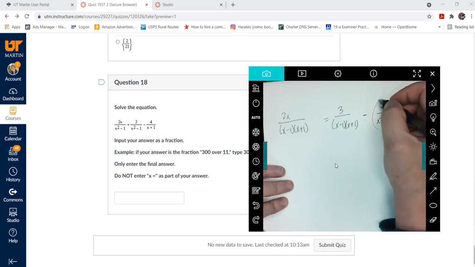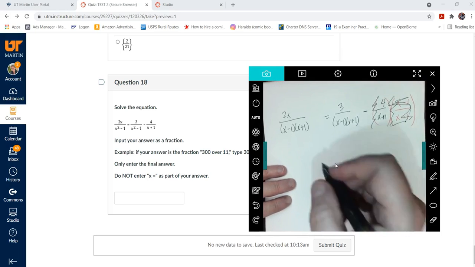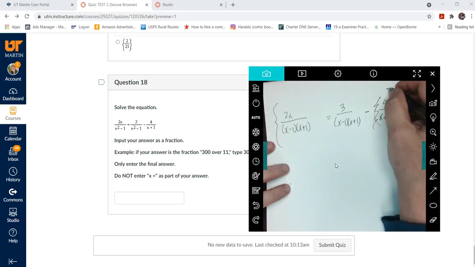actually no, what I'm going to do is I'm going to get rid of all these denominators. And so what I'm going to do is I'm going to multiply the whole thing by x minus 1 times x plus 1. Every term, because I want to get rid of the denominators.